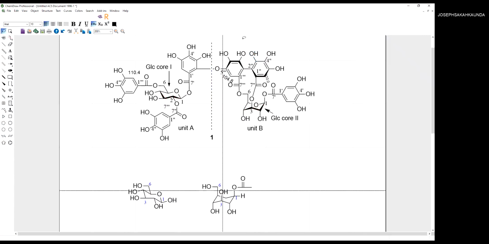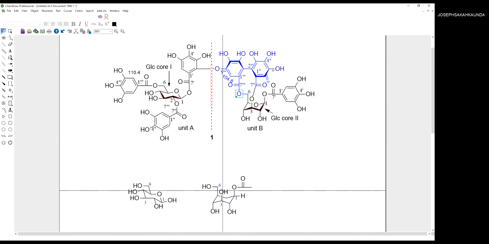What you see here, this one, we call it HHDP. Let me highlight, just highlight maybe. That color is not good. Let me try blue. Okay, yeah.